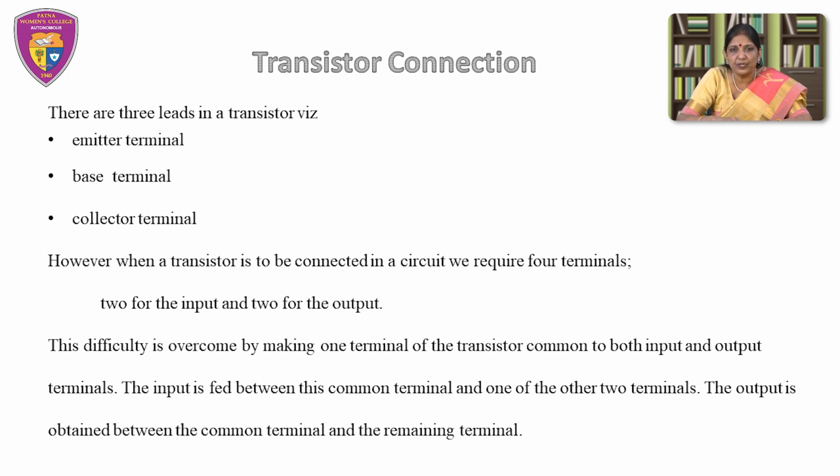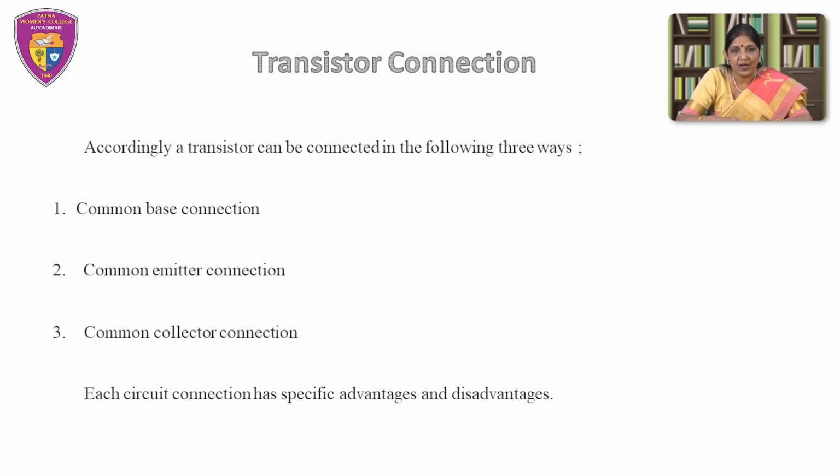The input is fed between this common terminal and one of the other 2 terminals. The output is obtained between the common terminal and the remaining terminal. Accordingly, a transistor can be connected in the following 3 ways: first, common base connection; second, common emitter connection; and third, common collector connection. Each circuit connection has specific advantages and disadvantages.